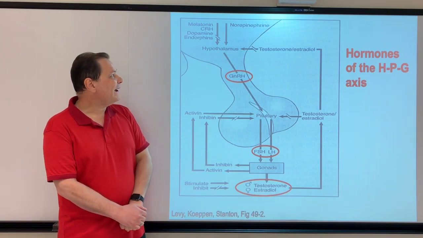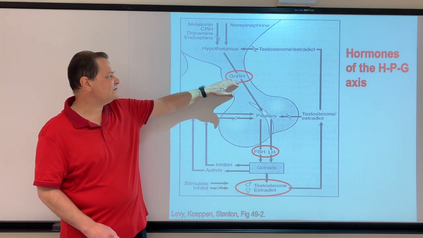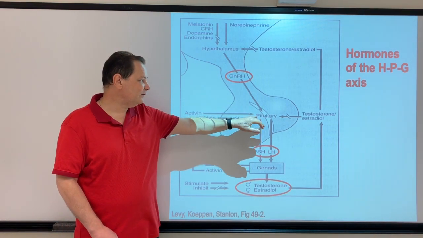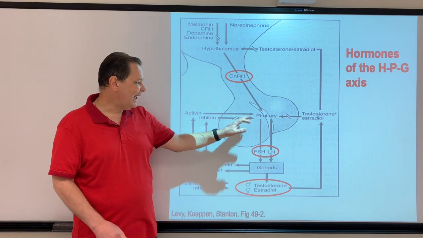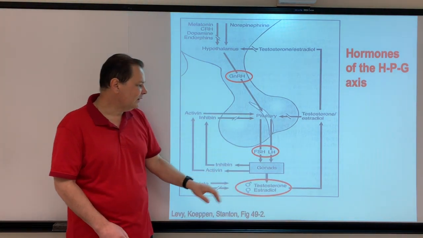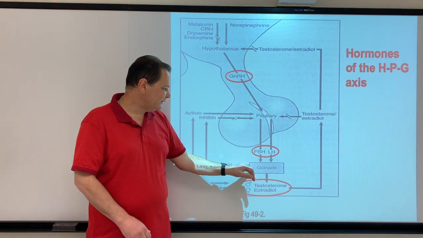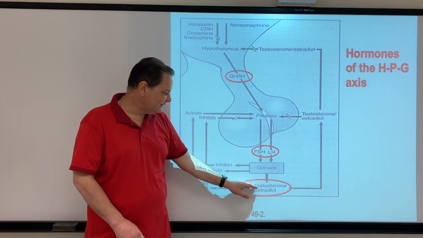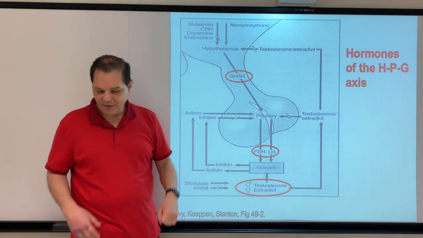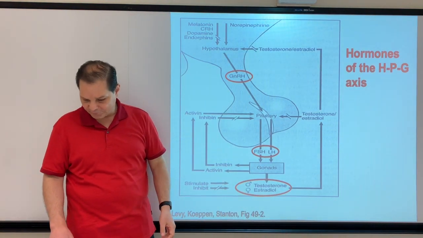So what happens is the hypothalamus secretes GnRH. The GnRH is carried to the pituitary, where it acts to stimulate the release of FSH and LH in both the male and the female. FSH and LH stimulate the gonads to release testosterone in the male and estradiol in the female. Okay, and that's the way this axis works.